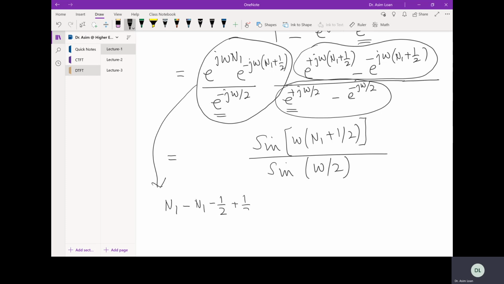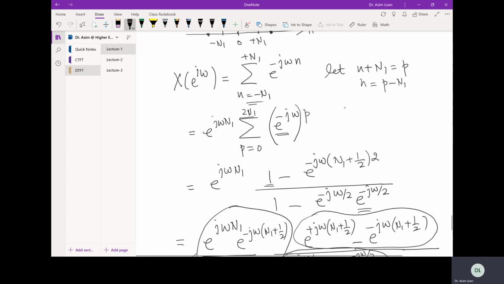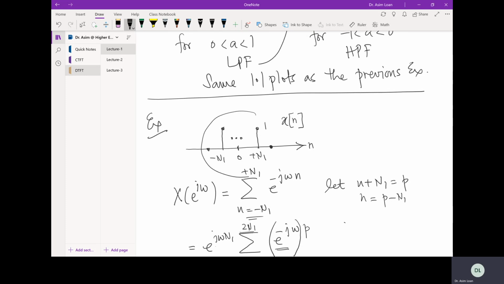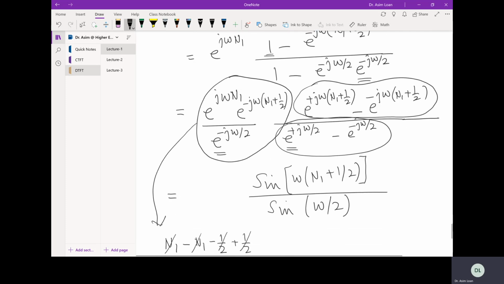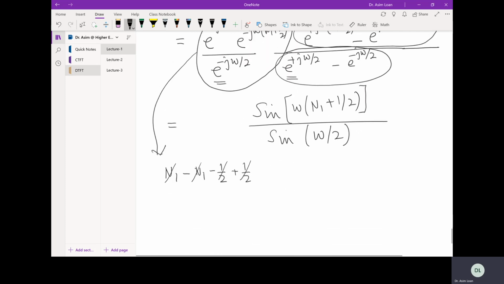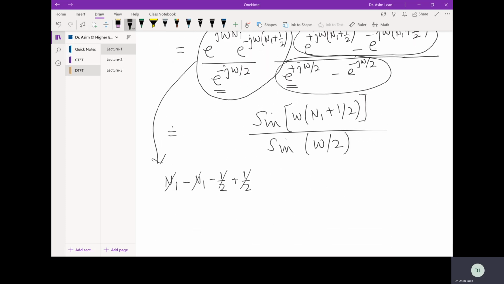So this cancels, this cancels, this cancels, this cancels. There is no phase. Why? Because this function is symmetric around 0. If this was shifted, then there would be a phase. But since this is not shifted, there is no phase. So this implies x of e^jω is equal to this one.